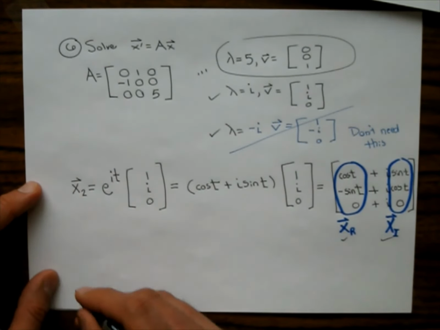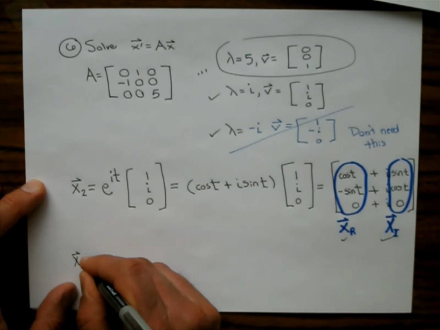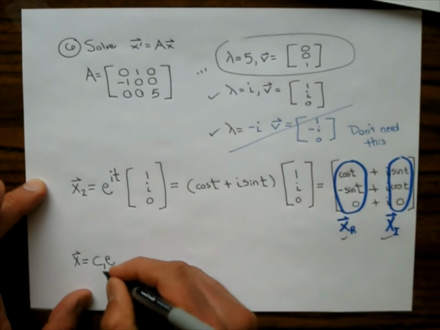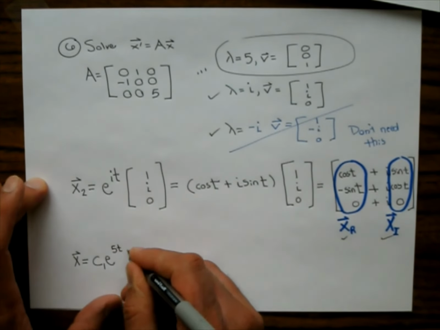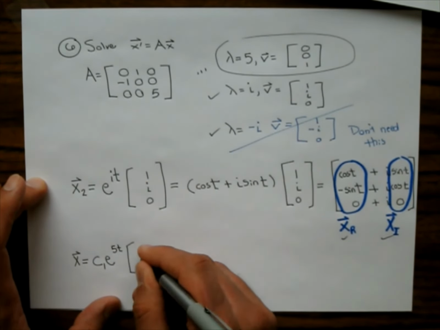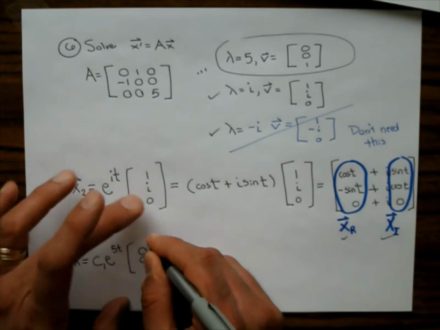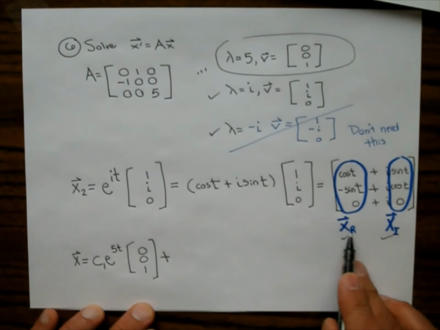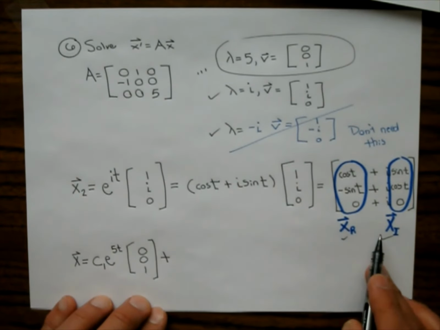So let's go ahead and write out our final answer. It is C1 e to the 5t, 0, 0, 1. Plus, okay, these guys are going to satisfy the other constants, C2 and C3.